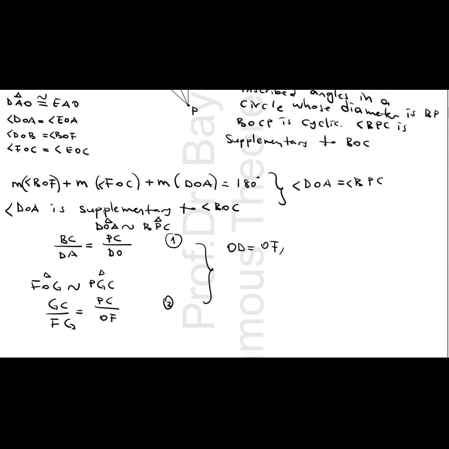So it says BC over AD equals GC over PG. So let's say these three.